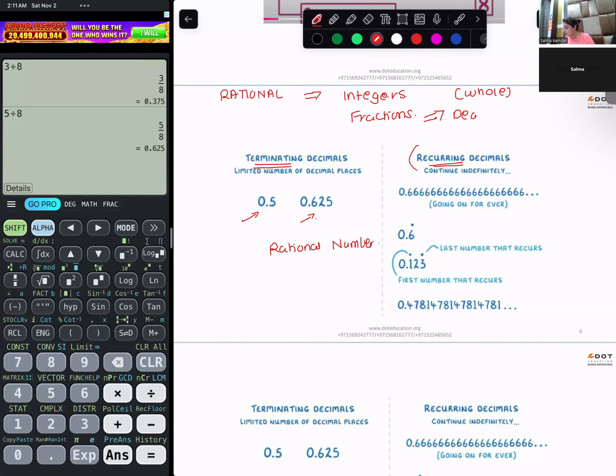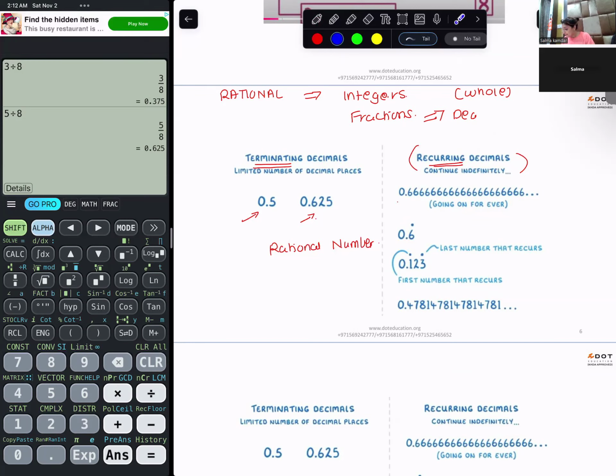If I talk about a recurring decimal, if you see 0.6666666, that means the 6 is going on forever. It is a recurring decimal. So a way to write it is I'll write 0.6 and put a dot above the 6, denoting that this 6 is recurring n number of times.